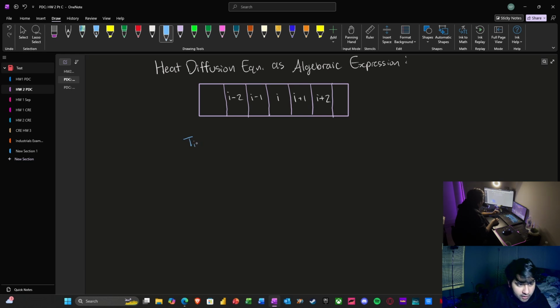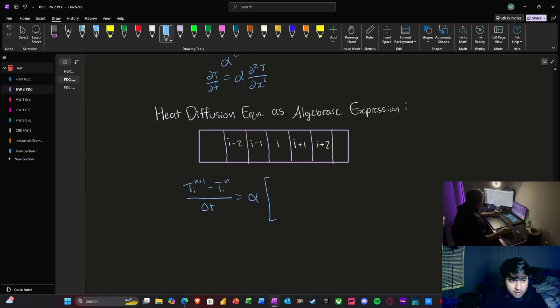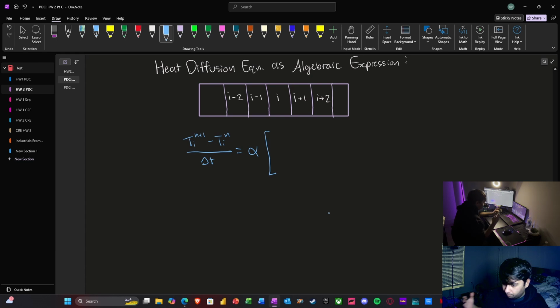start this real quick. So we have our Ti n plus 1 minus our Ti n over our delta t, and then we're going to take our thermal diffusivity that we found right here, and we're going to break up this part into a matrices form.